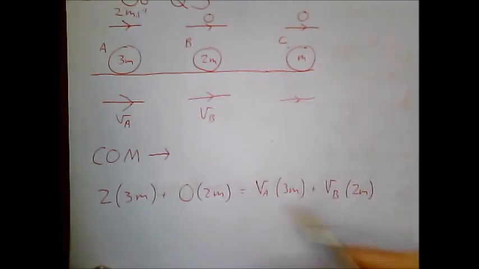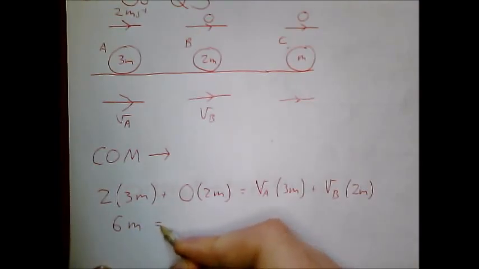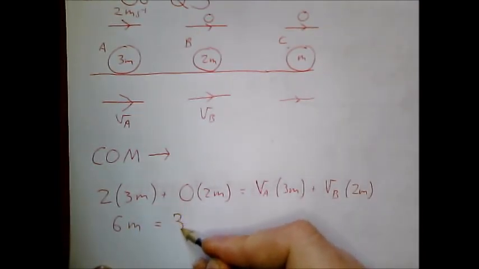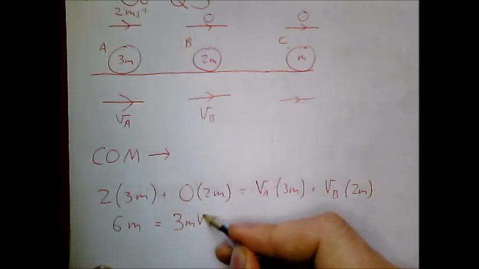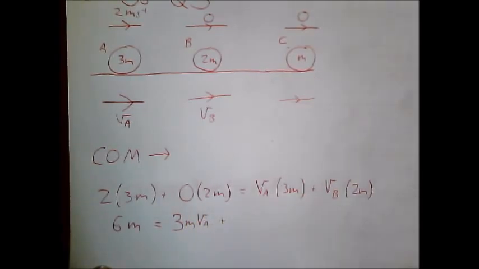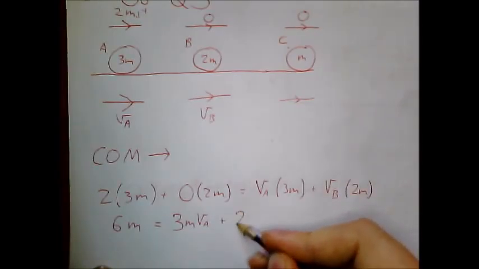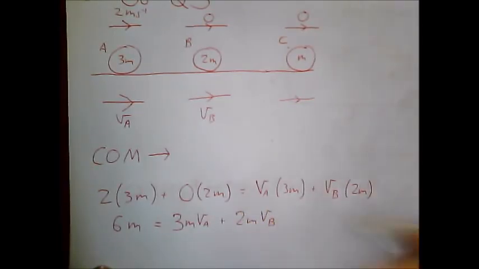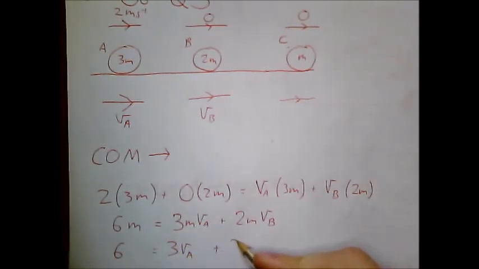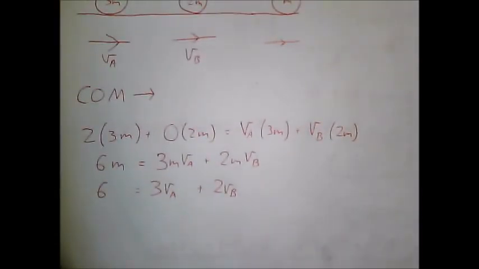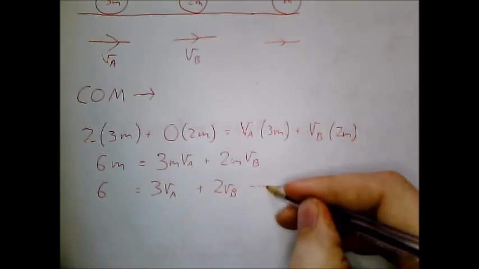Tidying up, we have 6m equals 3m VA plus 2m VB. We've got m in every term, so we divide by m, so we have 6 equals 3VA plus 2VB. That is as far as we can go with this equation for now. I'm going to call this equation 1.